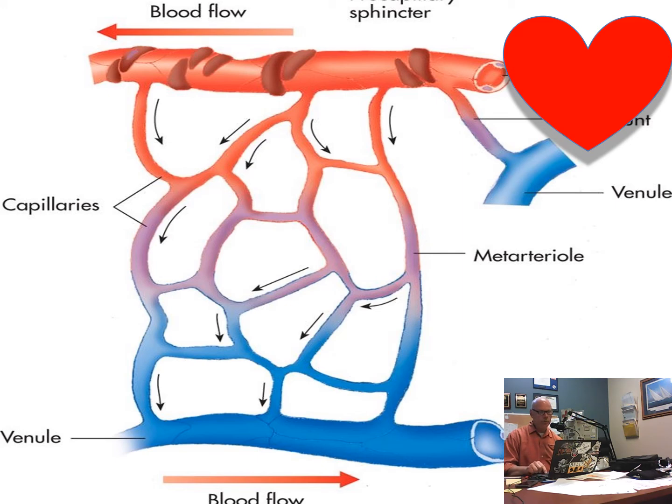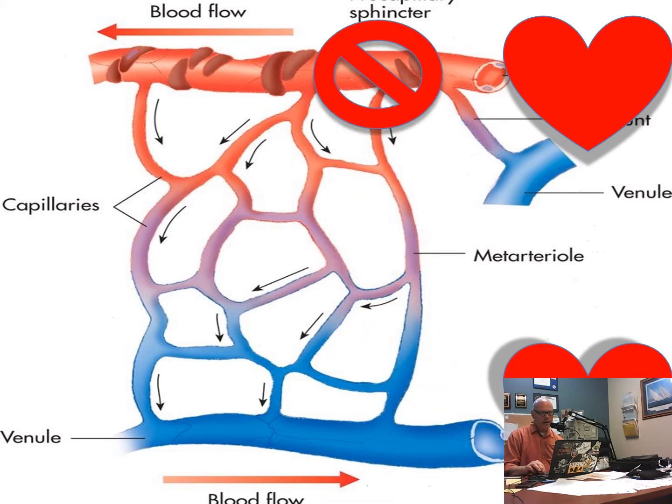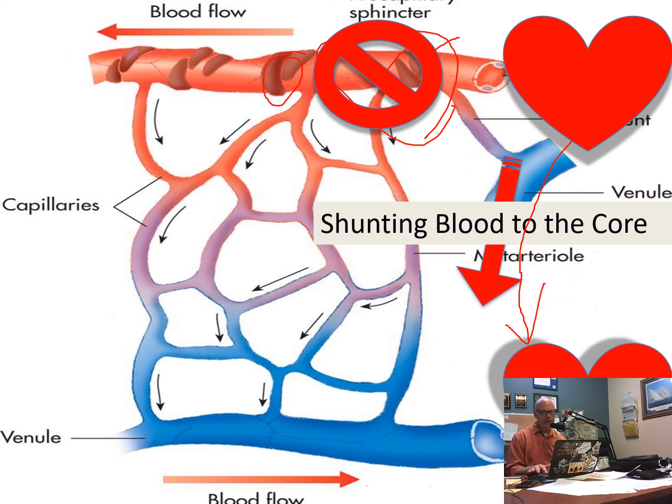Using epinephrine, we're going to cause our artery to vasoconstrict. And then remember, we have these pre-capillary sphincters. There was one right behind this Ghostbuster sign. All right, these pre-capillary sphincters are going to constrict, and blood then is going to go from here to here. All right, so we will shunt blood to the core.